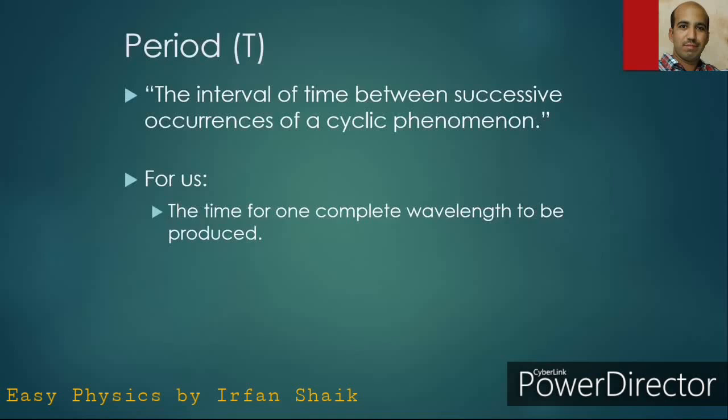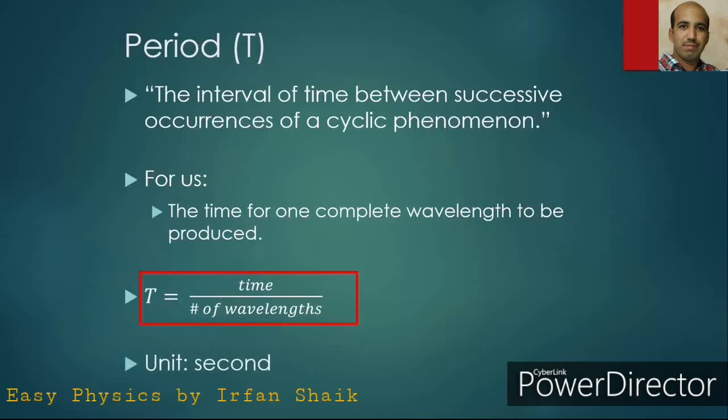There is a formula to find the time period of a wave. Time period is equal to time divided by number of wavelengths or number of oscillations. The unit for the time period is second.